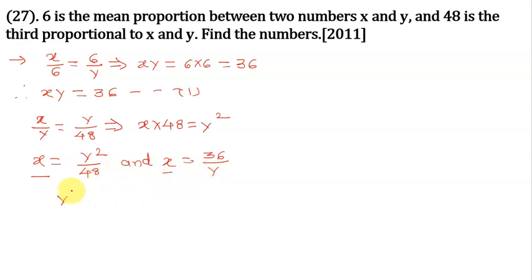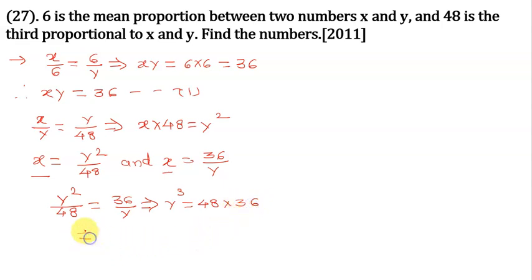Then you will have y square upon 48 is equal to 36 upon y. By cross multiplication, it implies that y cube is equal to 48 into 36.